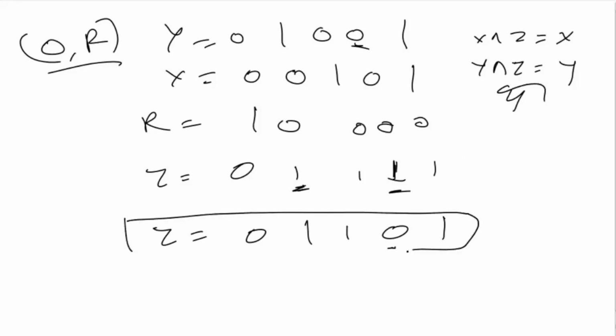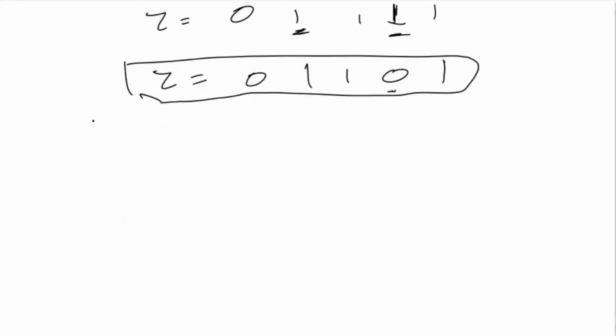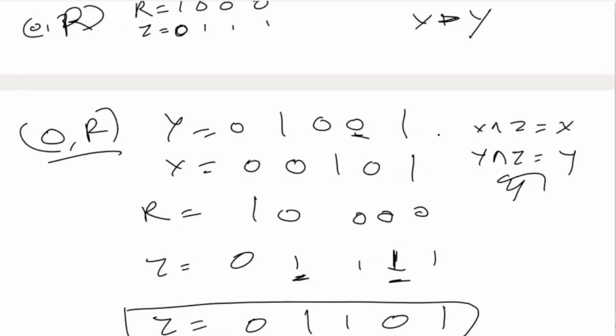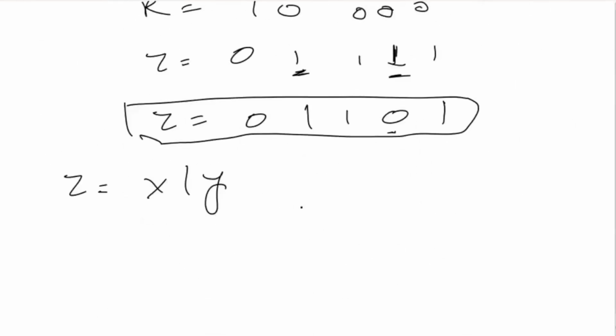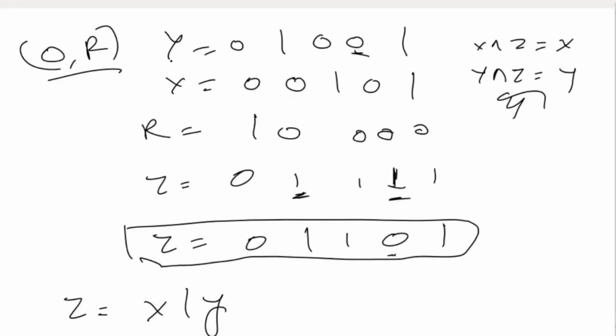So as you can clearly see, Z equals X or Y, because we are setting the ith bit in Z if and only if at least one of the bits of X and Y is 1.